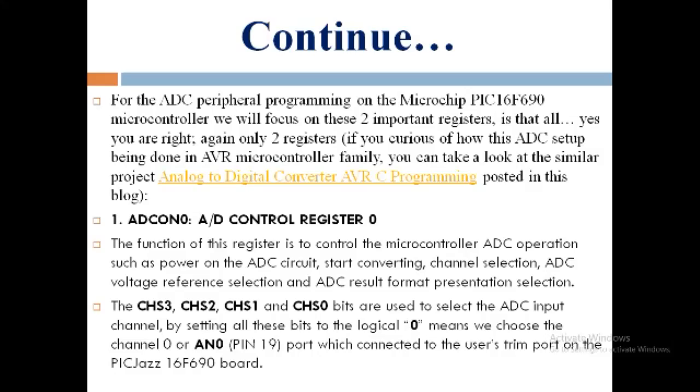The CHS3, CHS2, CHS1 and CHS0 bits are used to select the ADC input channel. Setting all these bits to logical 0 means we choose channel 0, the AN0 pin 19 port, which is connected to the user trimmer port on the PIC 16F690 board.